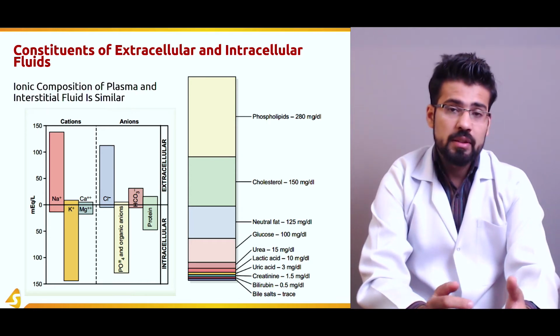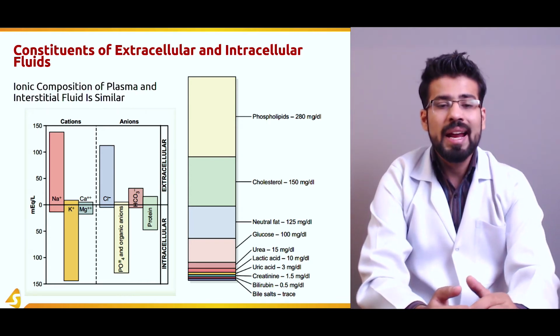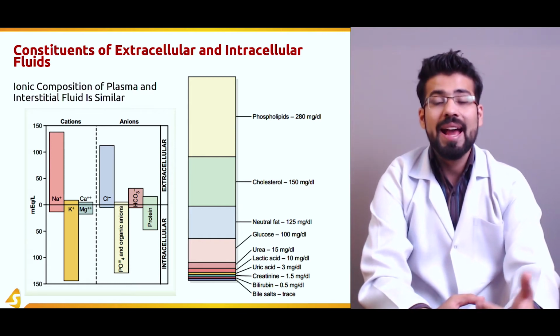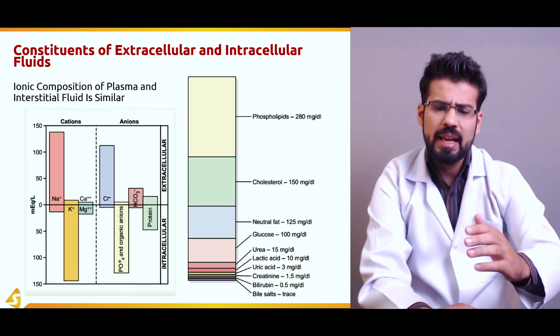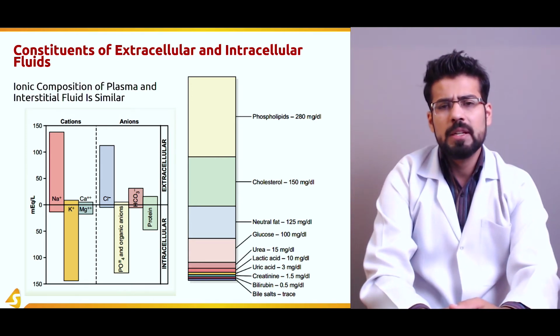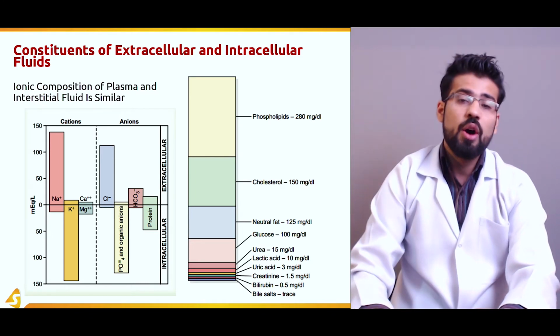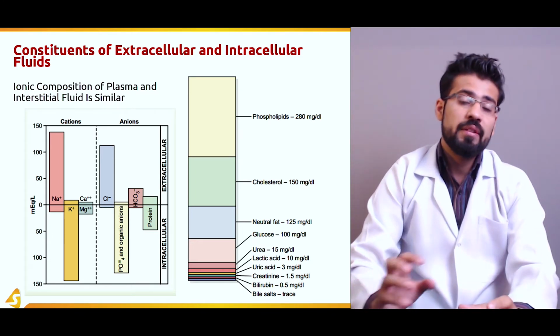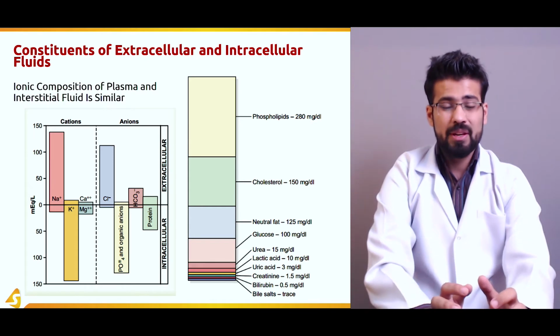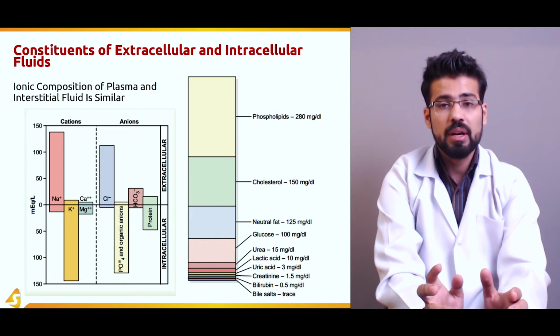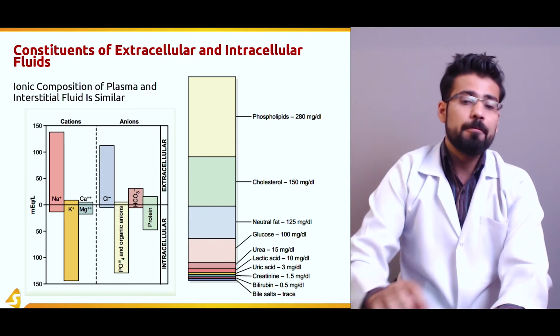The second thing is that there is a slightly higher concentration of positive ions in the extracellular fluid, and a slightly higher concentration of negative ions in the intracellular fluid. However, if we take the bigger picture of extracellular and intracellular fluid, the net charge on the body is 0.